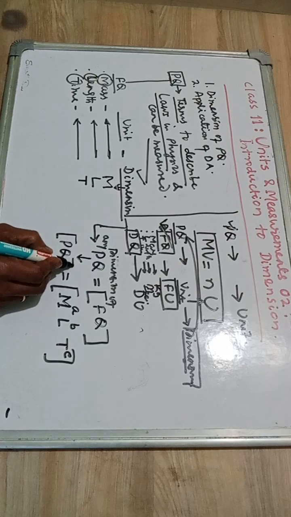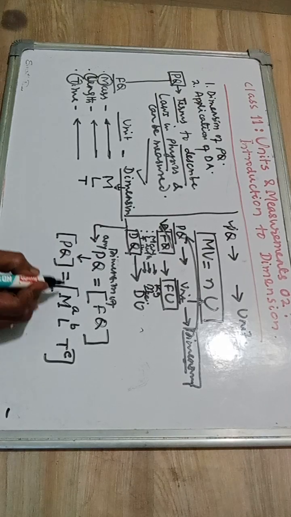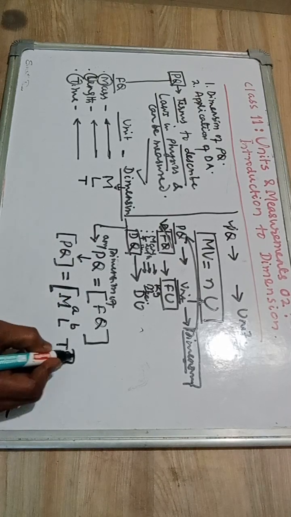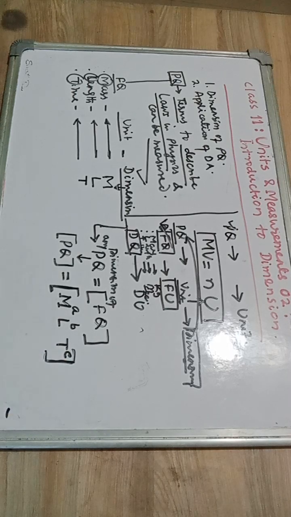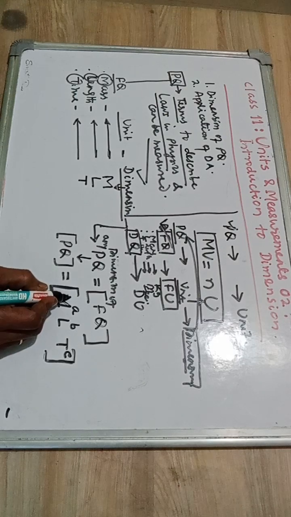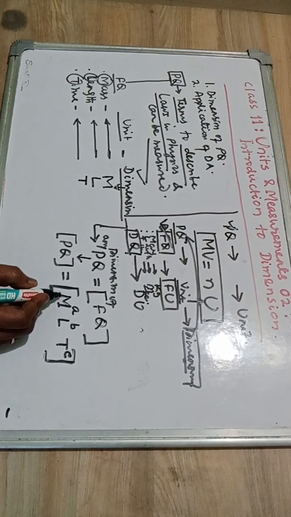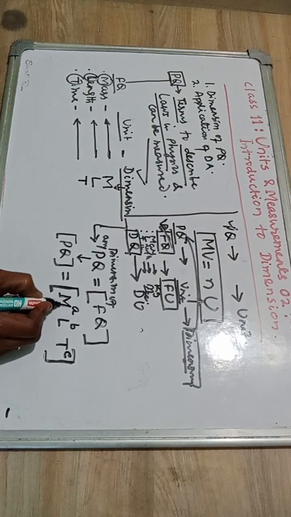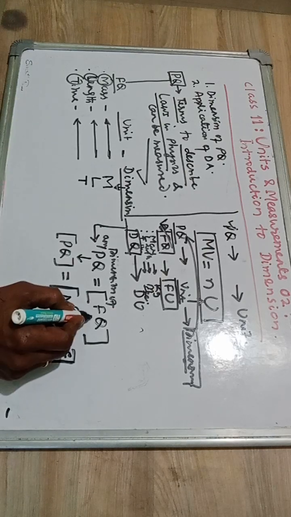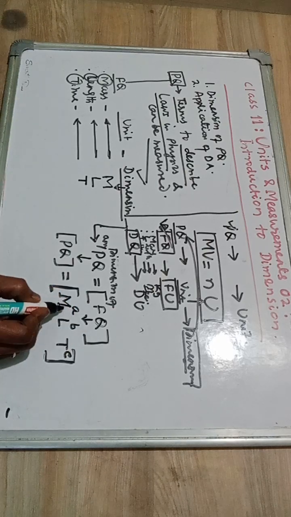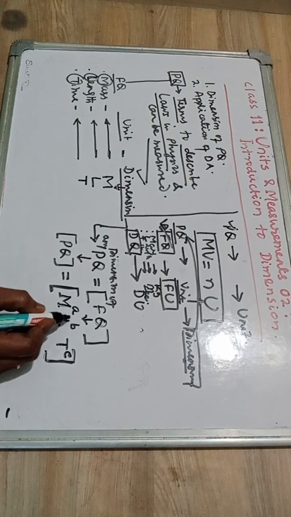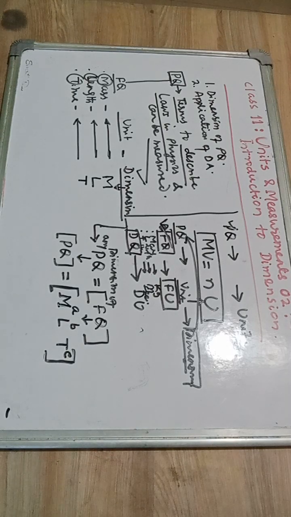The quantity is expressed inside a square bracket, and the fundamental quantity is raised to its power or exponent.